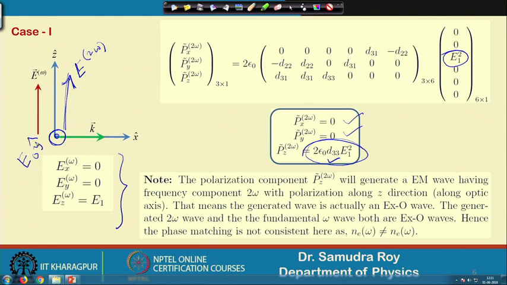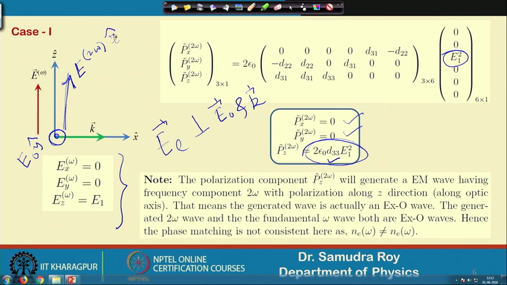If the ordinary wave is along the y direction and k is along the z direction, what should be the direction of the extraordinary wave? We know that the extraordinary wave is perpendicular to the ordinary wave and k, that is the rule. So in this particular case, the extraordinary wave will be along the z direction.